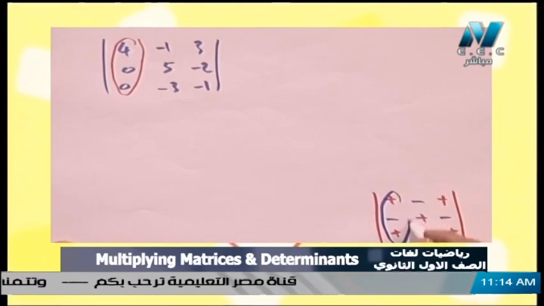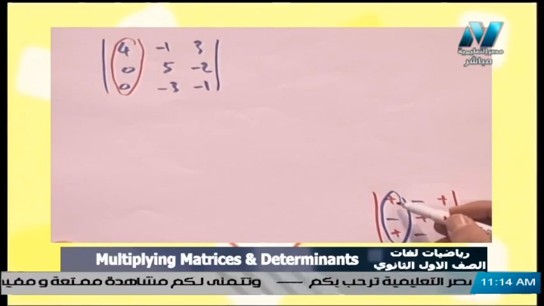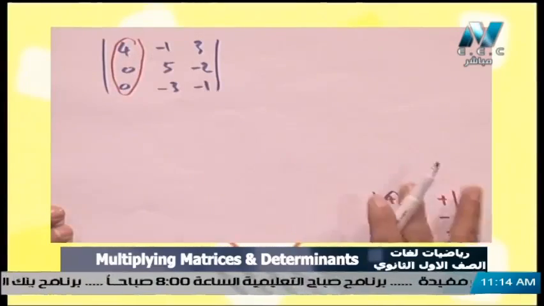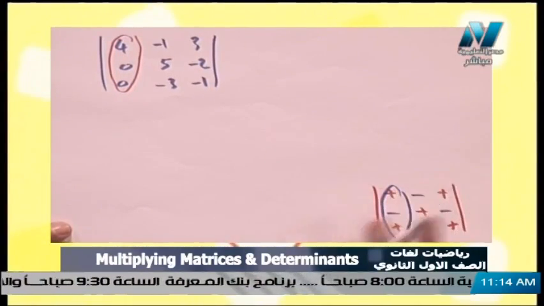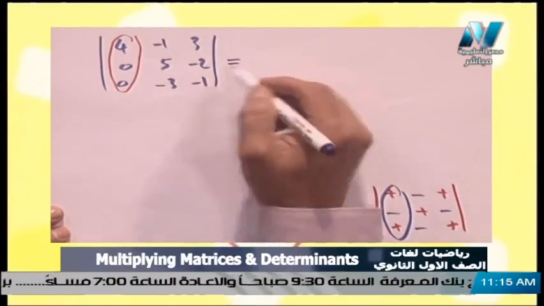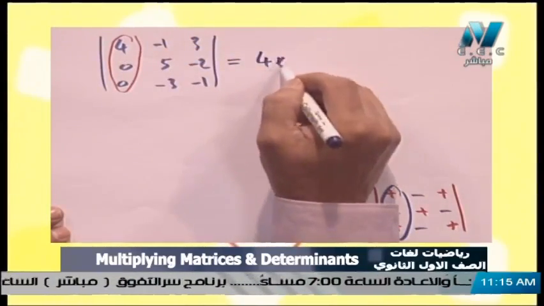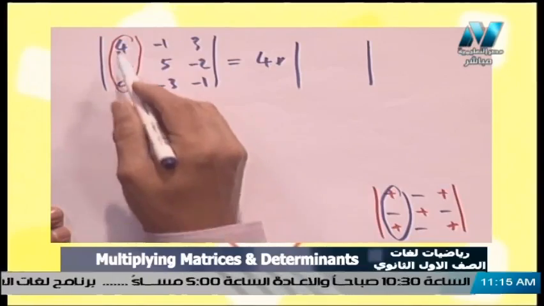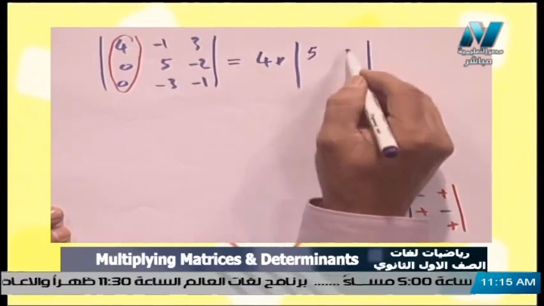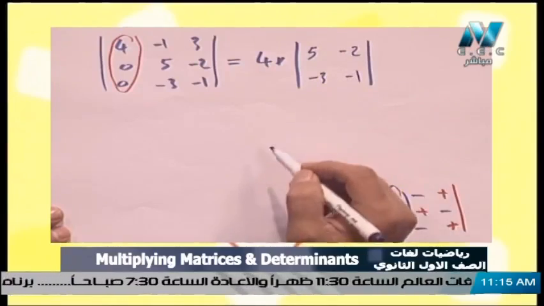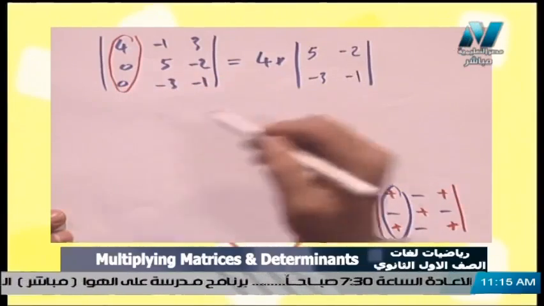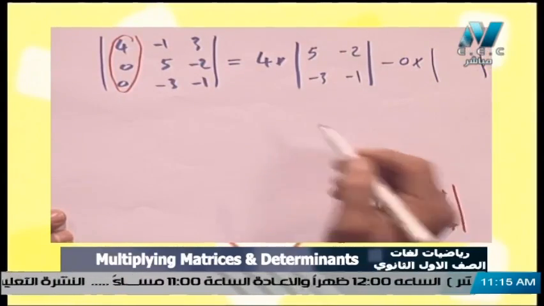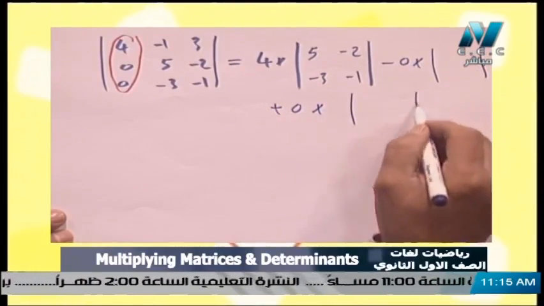So if we use this column, the first will be positive, second negative, and third positive. So we will use this one, 4 times what? We will cancel its row and its column. It will be 5, -2, -3, and -1. We have zeros here, so we can put minus 0 times a determinant plus 0 times another determinant.